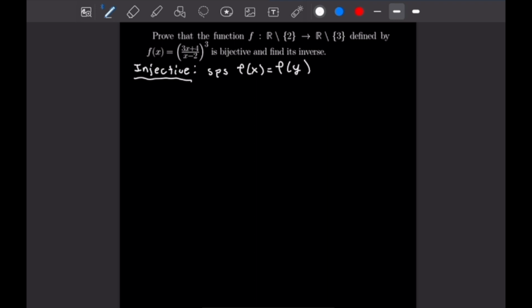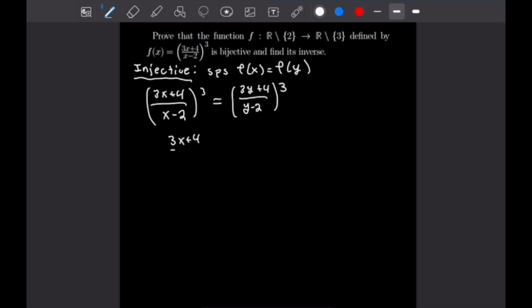Well, just using the definition of our function there, that will mean that 3x plus 4 over x minus 2, and that whole thing is cubed, will be equal to 3y plus 4 over y minus 2 cubed. Great. So from here we can take the cube root of both sides, and we'll just get that 3x plus 4 over x minus 2 is equal to 3y plus 4 over y minus 2.